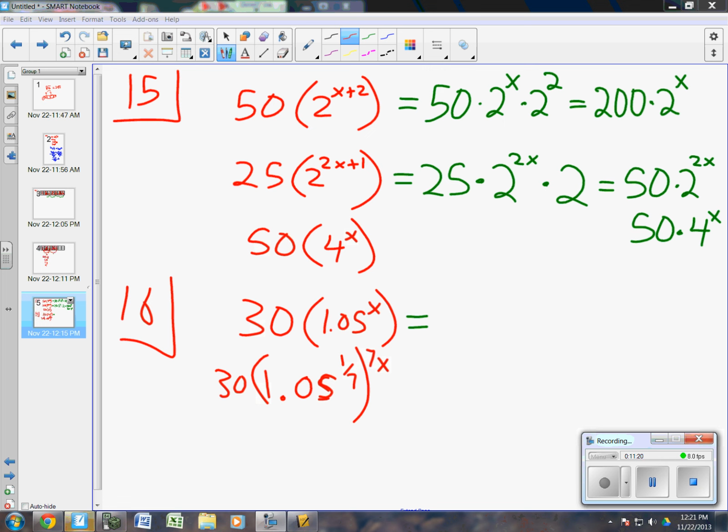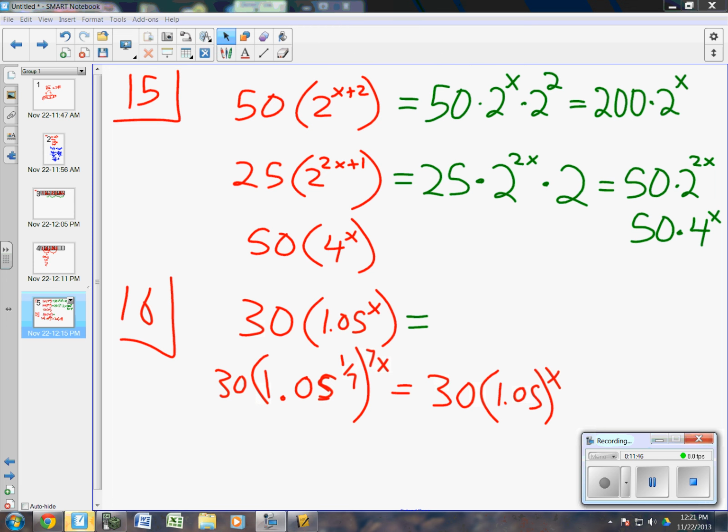What do you guys think right there? Yeah, if I have a power to a power, I can multiply 1/7 times 7x. What is that? It's 1x, all right? So this is going to come out to be 30 times 1.05 to the x power. So far we're the same, right? This first one's the same as the second one.